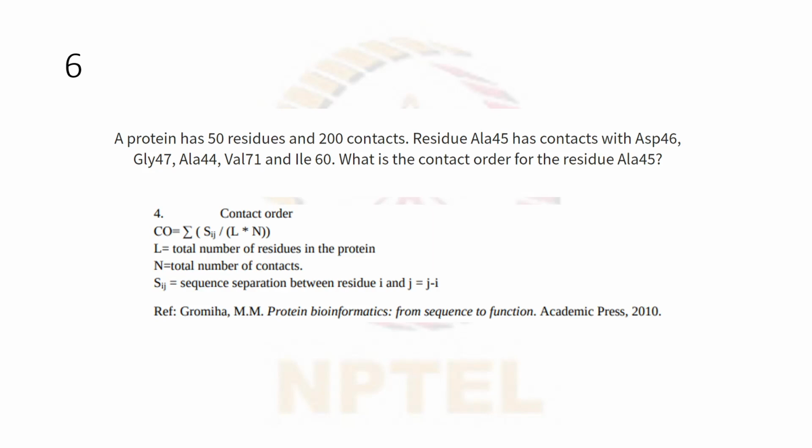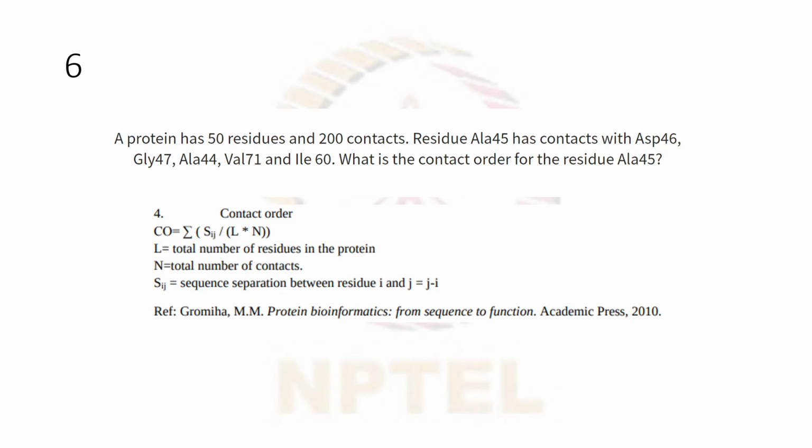Yeah, the contacts I have selected are based on a distance cutoff. So when we know that 45, 46, 47, 44, 71 are within the distance threshold, you can consider them within the distance threshold and calculate the contact order.